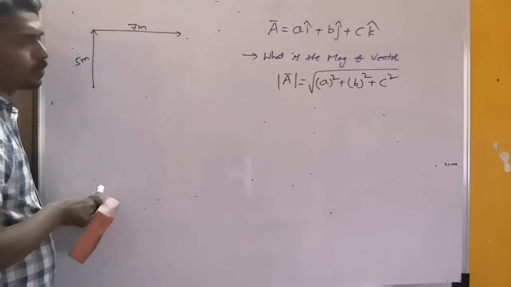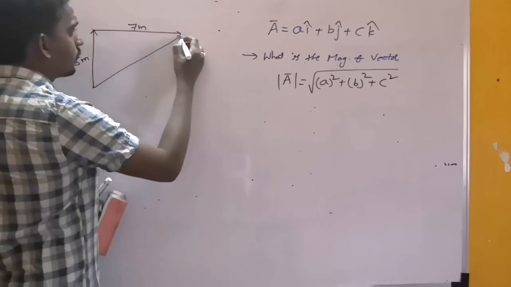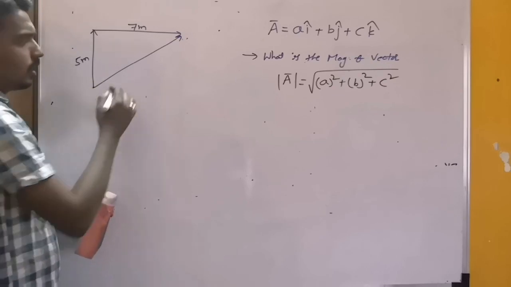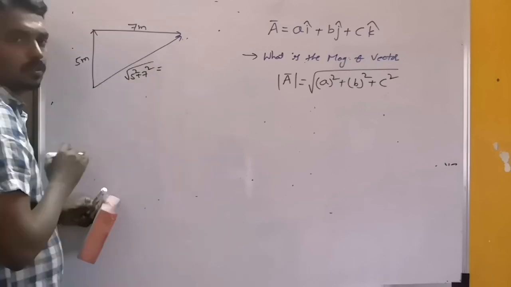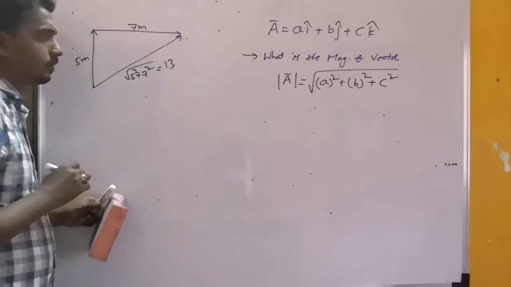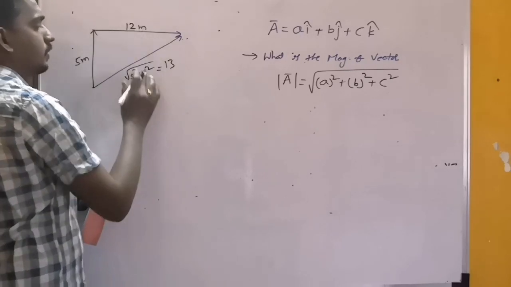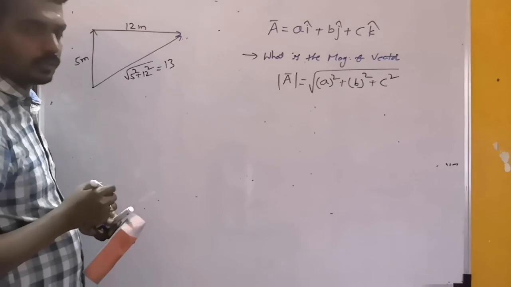Then find its displacement. So the displacement is this one. You will do under root 5 square plus 12 square equal to 13.